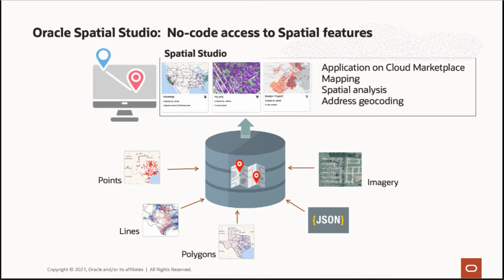It's a free tool, available on the Oracle Cloud Marketplace, and it allows users to effectively drag and drop to select data, upload data, visualize it on a map, and do all the kinds of analyses that you would otherwise do through code in the database. Now, the very first version of the MovieStream workshop that you are working through today does not include Oracle Spatial Studio, but I wanted to make sure that you are aware of it. At the end, when I show some links, you're going to see where you can learn more about it and get a jump start even before we introduce the second version of MovieStream.